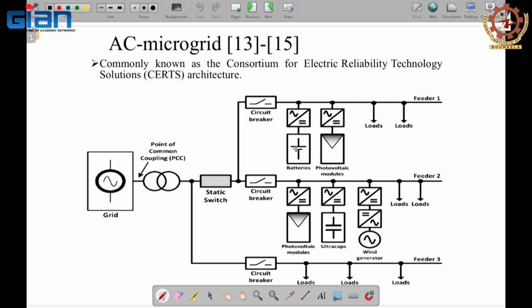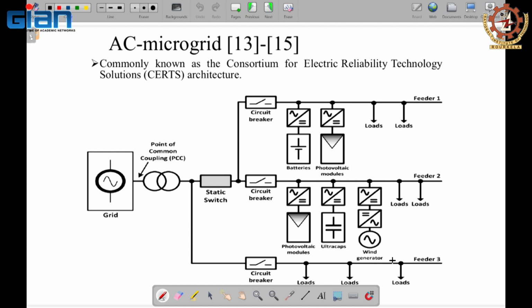Some types of generation will be AC, some types will be DC. They can have different voltages, so you will need a kind of power electronic converter. For example, a battery is DC, so when you are connecting with the grid, you have a DC to AC converter. In the same way, the photovoltaic system has a DC to AC converter.